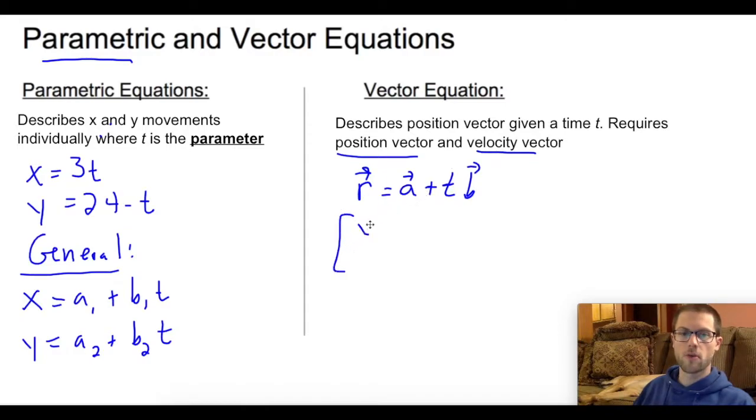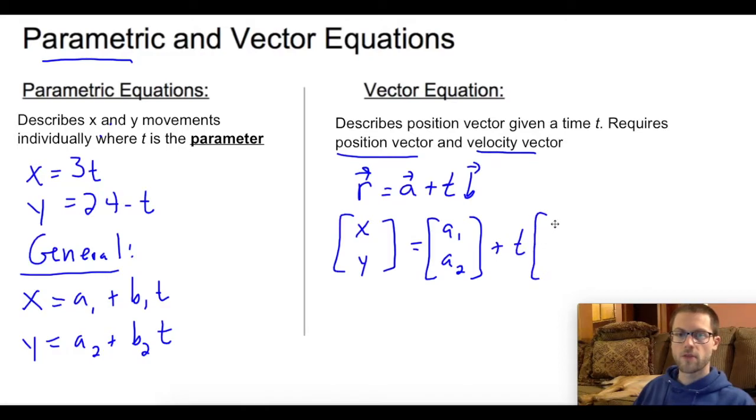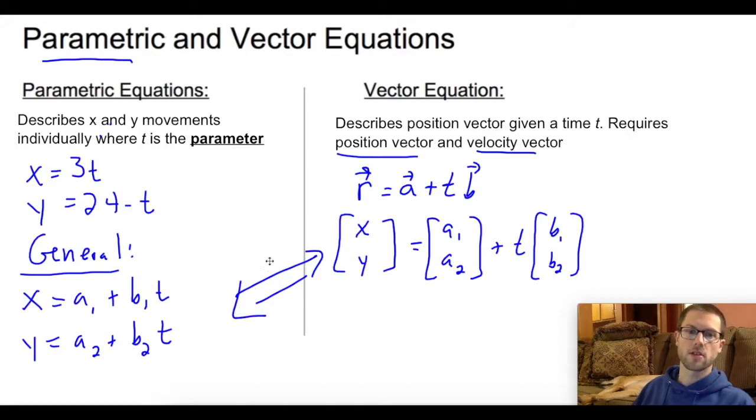We also see this in component form as x y equals some a1, a2 plus t times the velocity vector b1, b2. And hopefully you're seeing that's kind of the connection between the vector equation and the parametric equation. So this right here is my general form of the velocity vector.